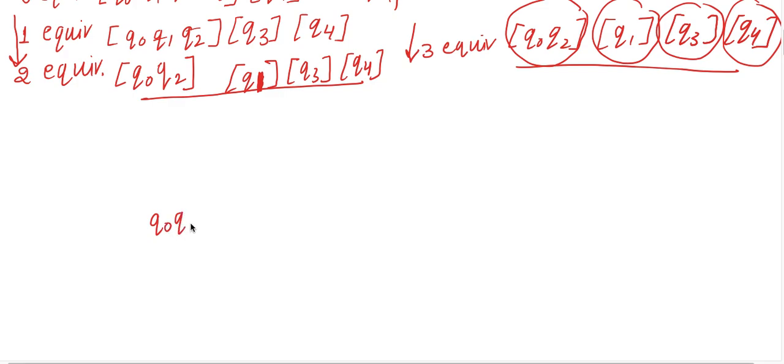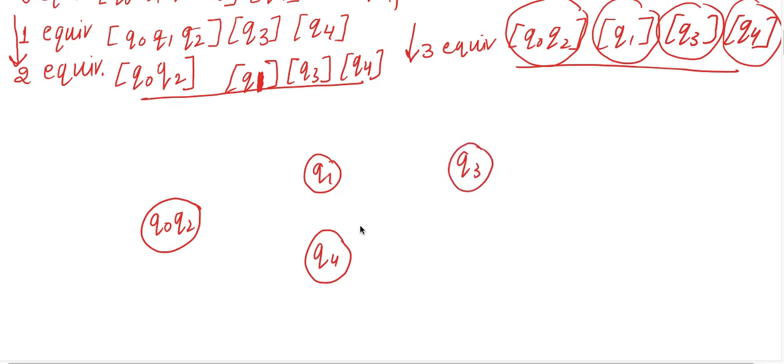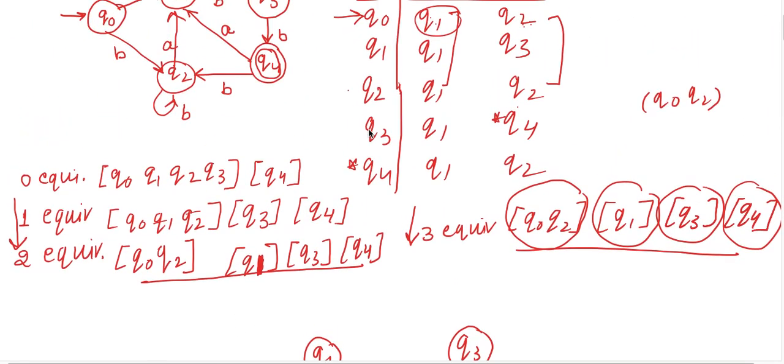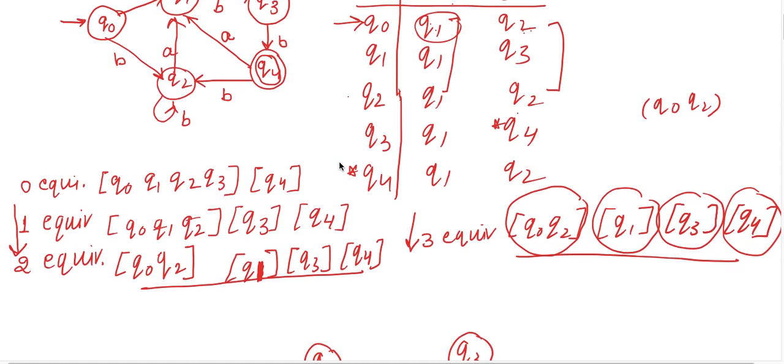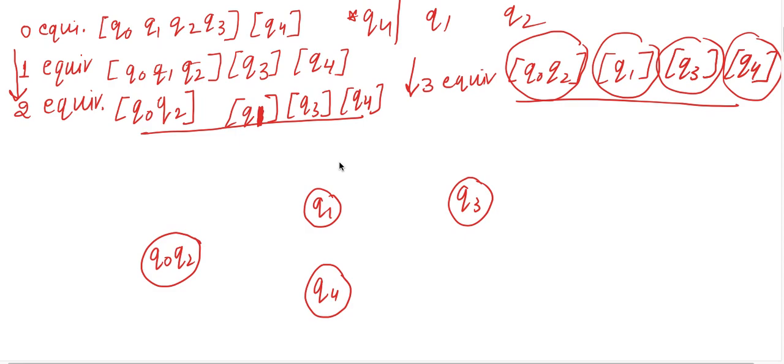Q0, Q2, Q1, Q3, then Q4. Okay, so now just watch how you are going to draw, with the help of this table. Q0 on A is going to Q1.